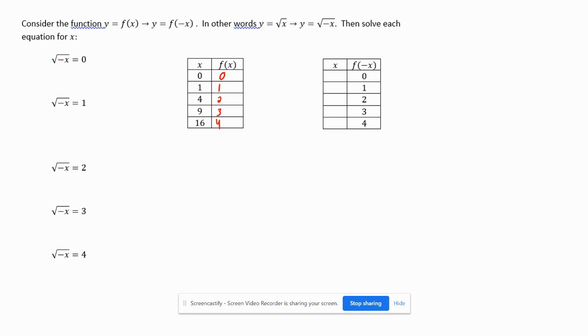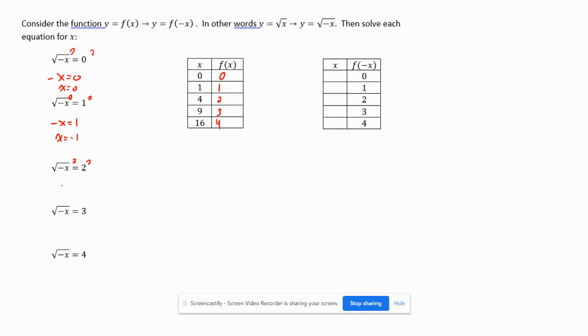Another way of looking at it is if we look at this guy over here. If we have the square root of negative x equals a y value of 0, if I square both sides, I get negative x equals 0. That just means x equals 0. If I square both sides here, I get negative x equals 1, and that means x equals negative 1.